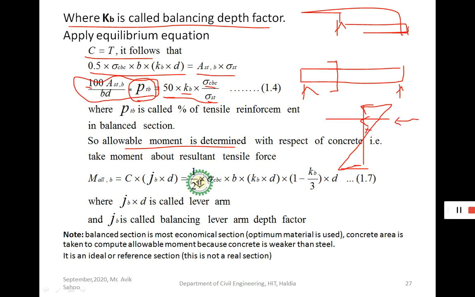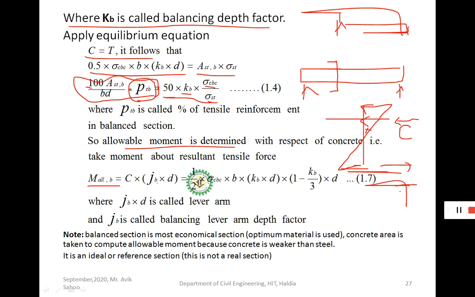Now you see that in the balanced section both materials reach the allowable stresses. This is tension, this is compression. So either you take moment from the compressive force or from the tensile force. But why we consider the moment about the tensile force, I will explain later. So now we get the allowable moment in the balanced section.